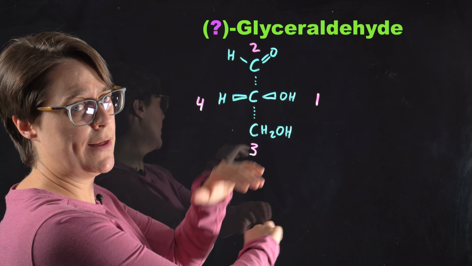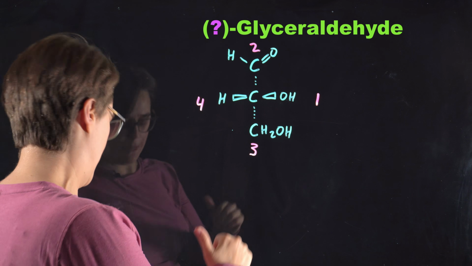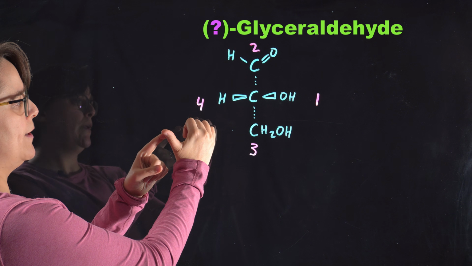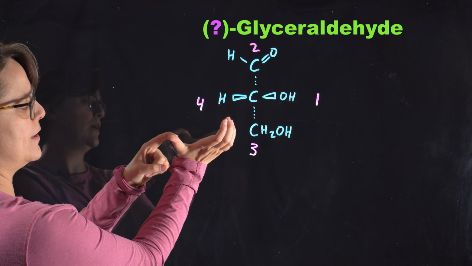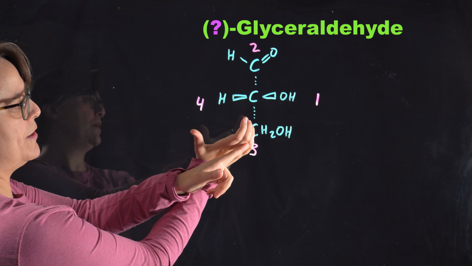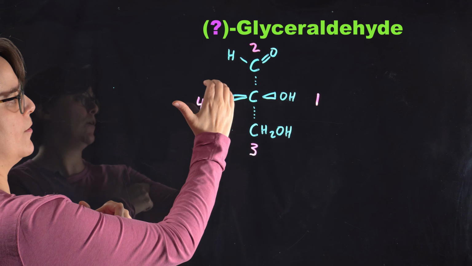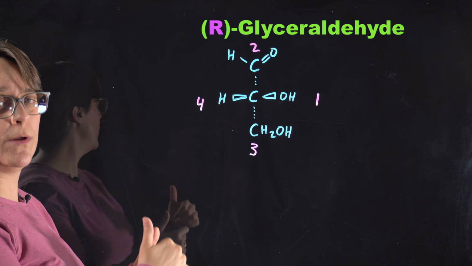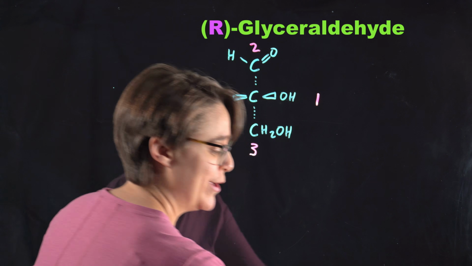That was 3, 2, 1. It does not work with my left hand. Let's try this with my right hand. Priority group number 4 is out and to the left. Let's start with my hand out in the orientation of group 1. Then it goes through 2, then it goes through 3. This works with my right hand. That makes it R configuration.